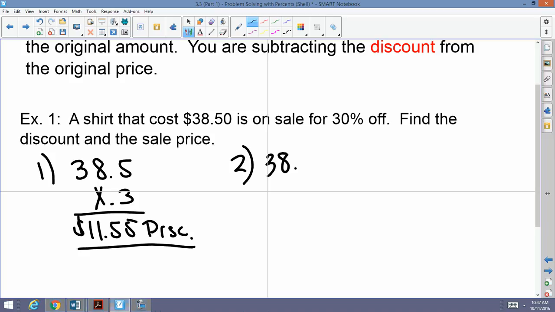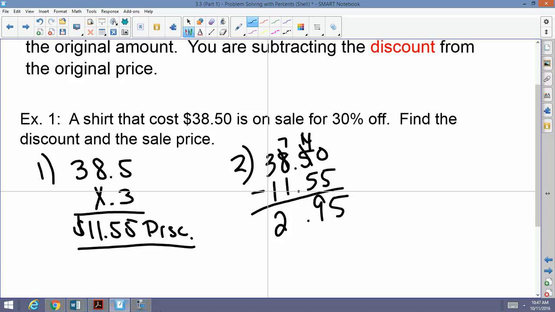So you take your 38.50 and you subtract your discount of 11.55. That's going to be 26.95, my final sale price. This is what you pay.